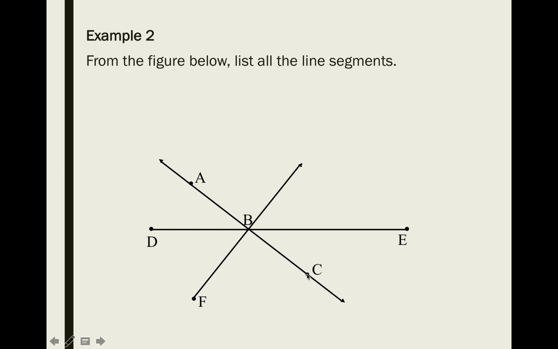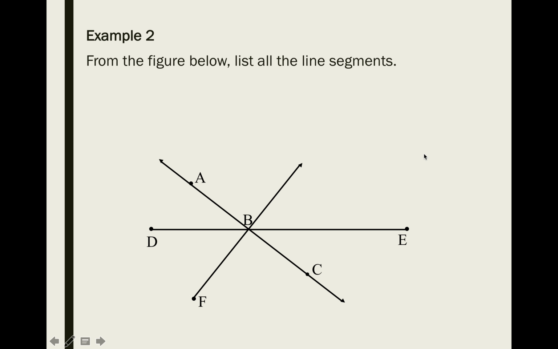BC would be another line segment. AC would be a line segment. BE would be one. BF would be one. And BD would be one. If we did B as our middle point and went that way.